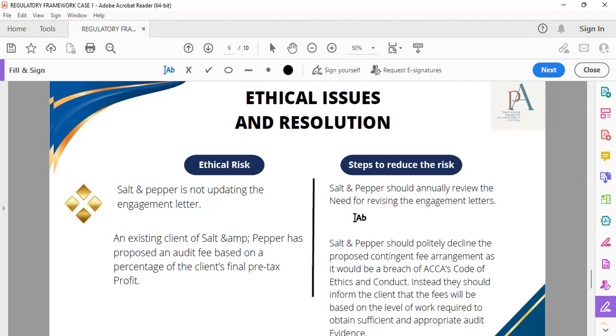So an existing client of Salt and Pepper has proposed an audit fee based on a percentage of the client's final pre-tax profit.